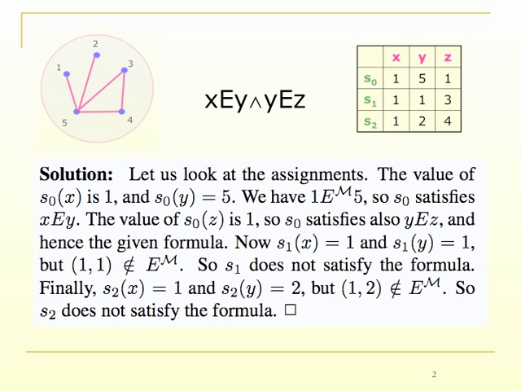Finally, S2. S2x is 1 and S2y is 2, but the pair 1, 2 is not in this edge relation. There is no edge, no line between the vertices 1 and 2. So again, S2 does not satisfy the formula because it doesn't satisfy even the first conjunct. And we are done.